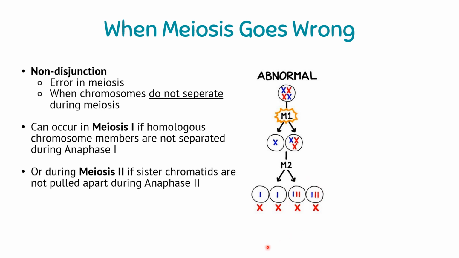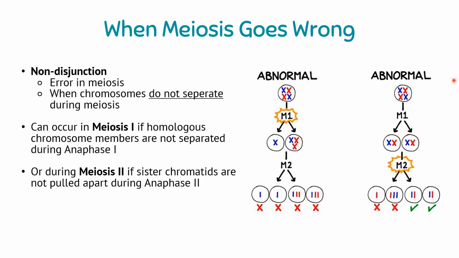Or it can also happen during meiosis 2 if the sister chromatids are not pulled apart during anaphase 2. So here, if these sister chromatids are not pulled apart, again, we can have two cells with an incorrect number of chromosomes, and we can have two cells with a correct number of chromosomes.